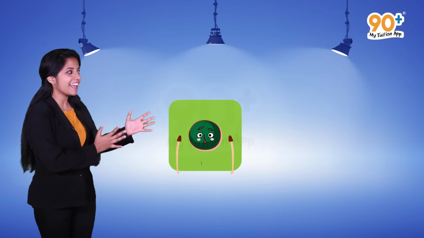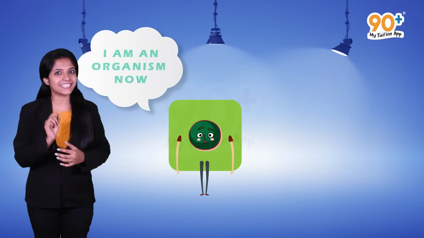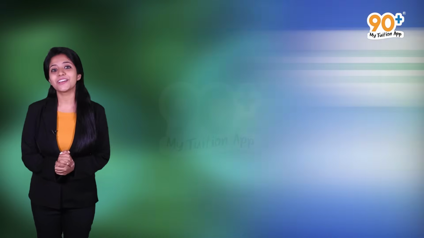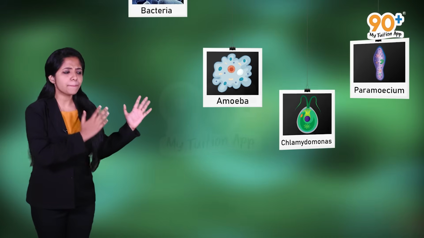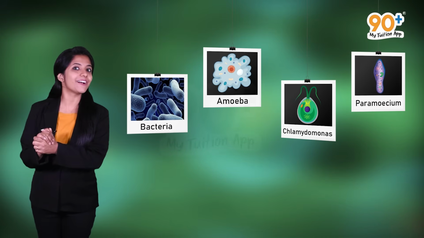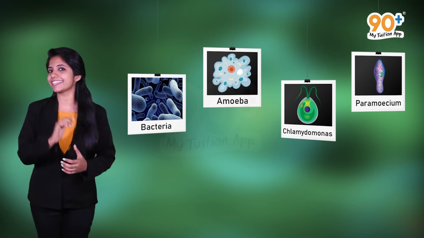Okay? Actually, number of cells is an interesting topic. Do you know that there are organisms that are made up of just a single cell? Well, yes, organisms like amoeba, chlamydomonas, paramecium and bacteria are made up of just a single cell.